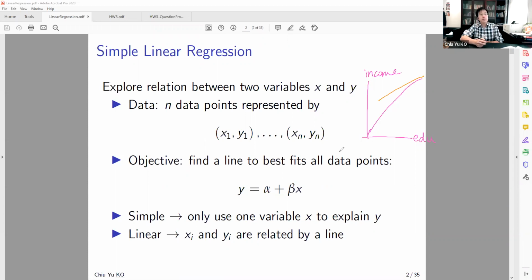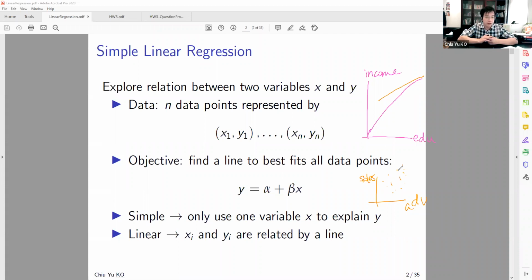And the question is to try to study the relationship between two variables, income and education, or in a business application, you want to see advertising and sales, right? So you usually have data points like this. The more ads you do, maybe you have more sales. There will be less or more, but it also depends on seasonal adjustment, right?